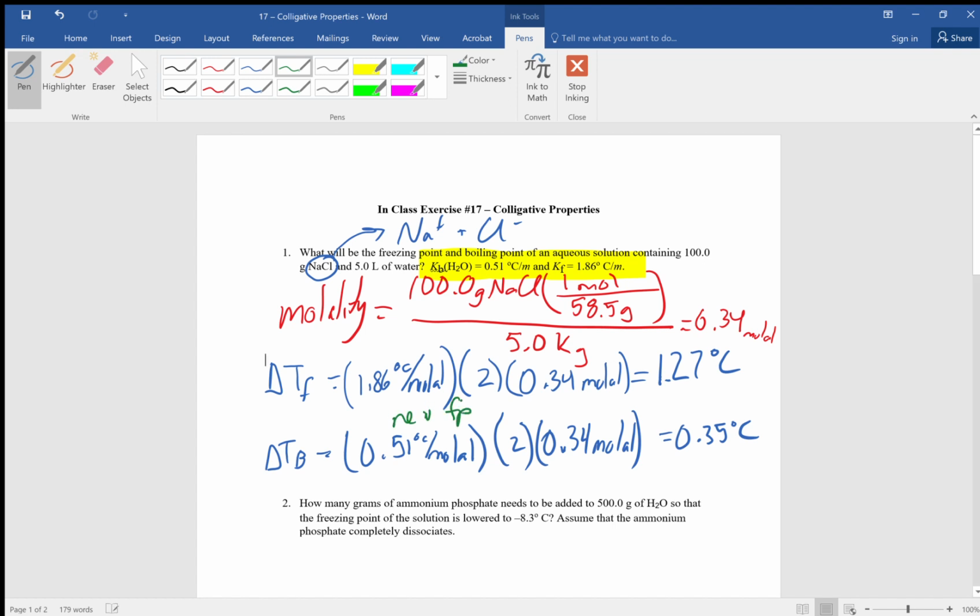So the new freezing point will be 0 minus the change, or negative 1.27 degrees Celsius. And the new boiling point will take the normal boiling point of water of 100 and add in the 0.35 to get to 100.35 degrees Celsius.